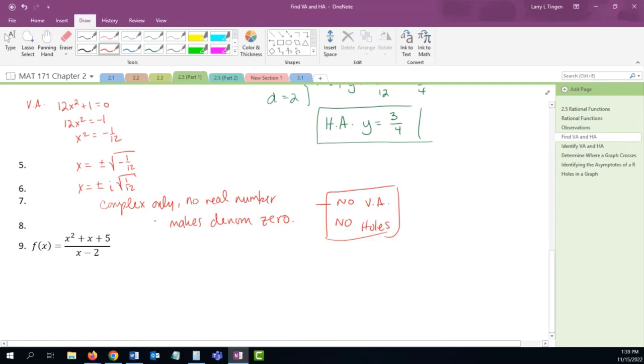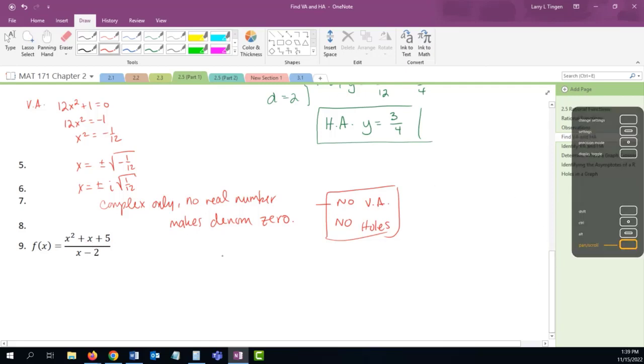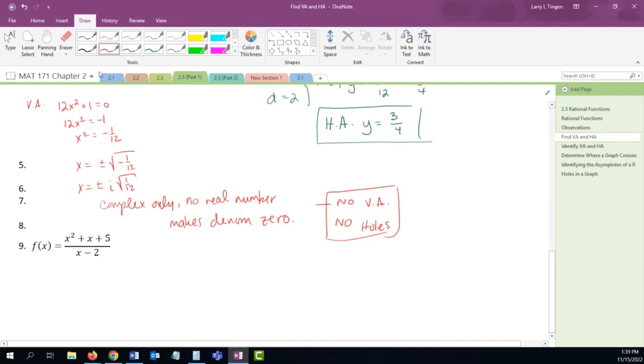I was thinking like 10 and 2 or 10 and 1/2 or something, but I don't think anything's going to do that. So it looks like the numerator does not factor here. Okay, so that means this is in its reduced form.